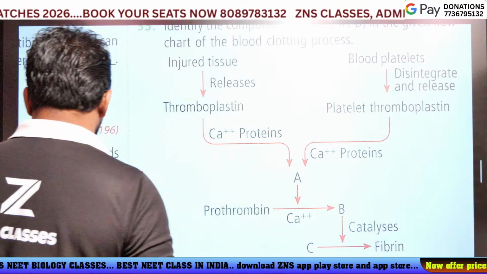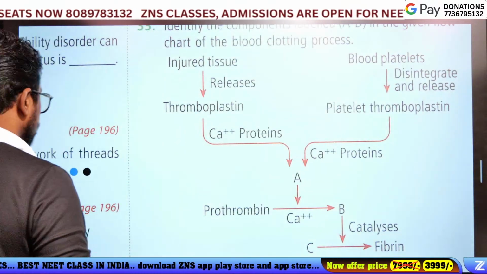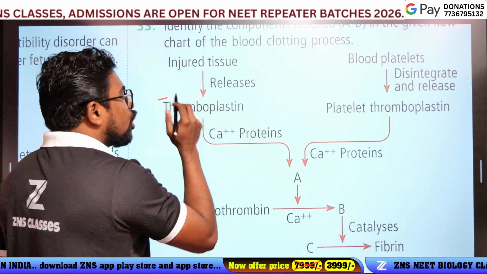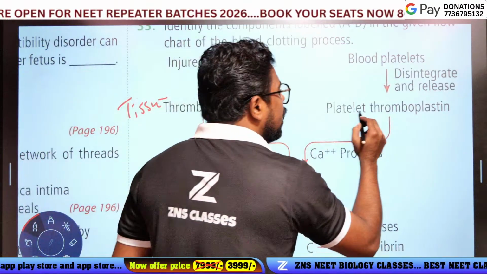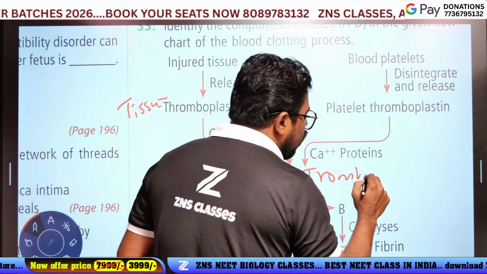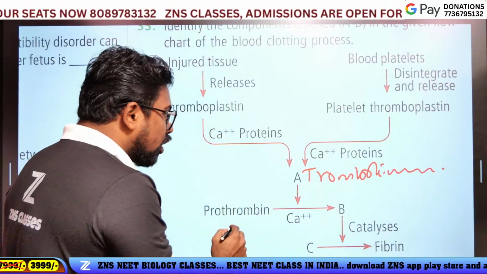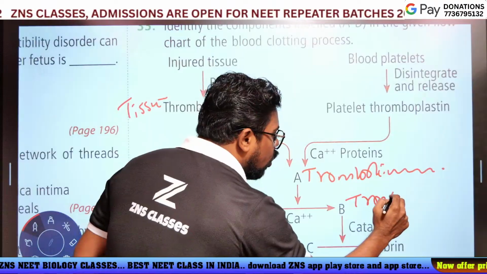Look here, guys. The injured tissue produces tissue thromboplastin, and platelet thromboplastin, which are converted to thrombokinase. Thrombokinase converts prothrombin into thrombin.